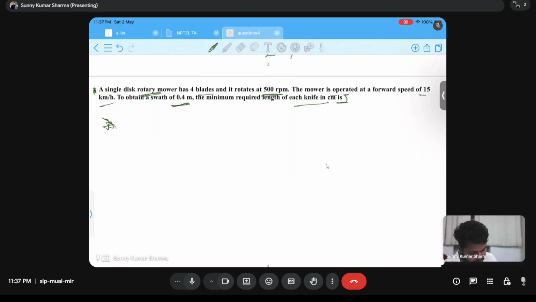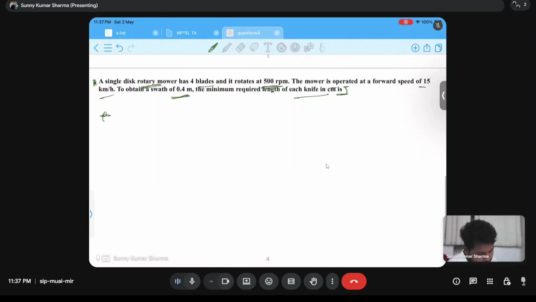So for solving this question, what are the things given in the question? Forward velocity, V is 15 kilometer per hour, or like converting it in meter per second, it will become 15 by 3.6, that is 4.167 meter per second.